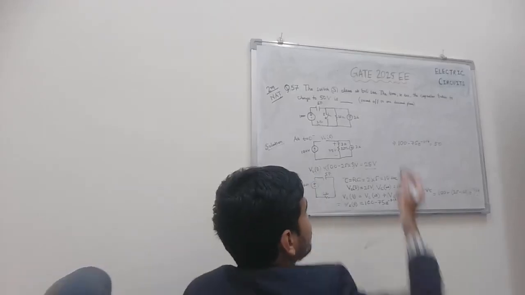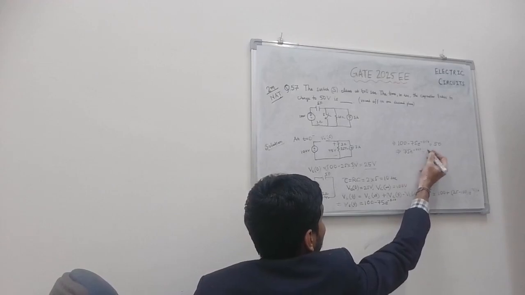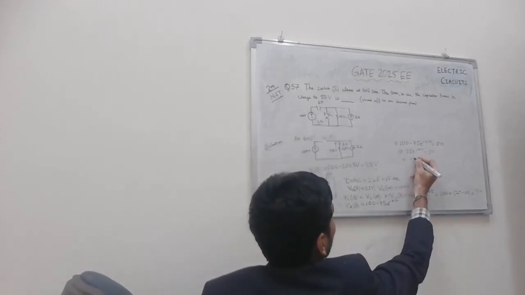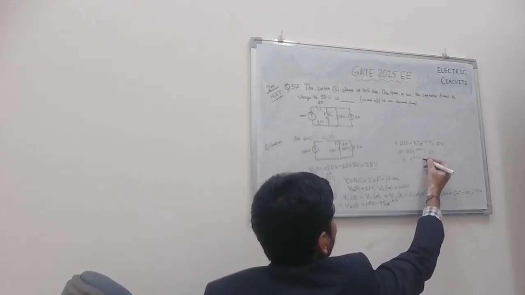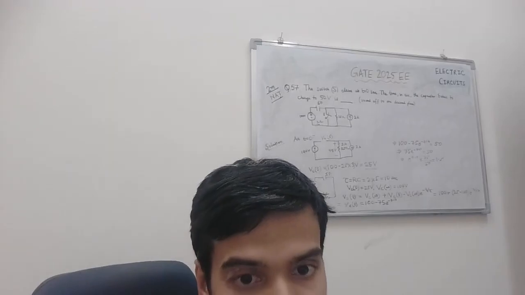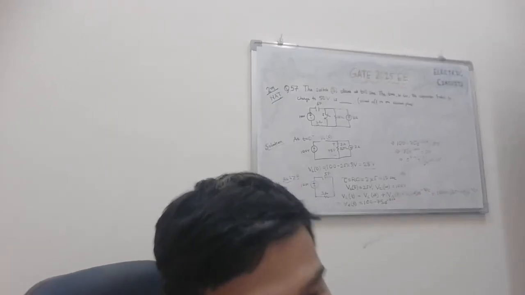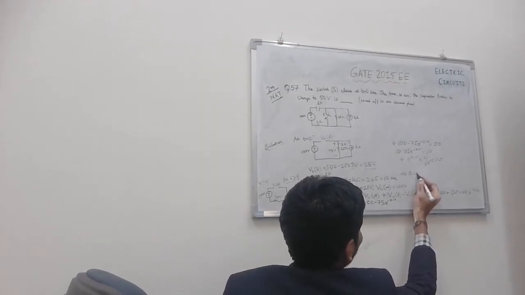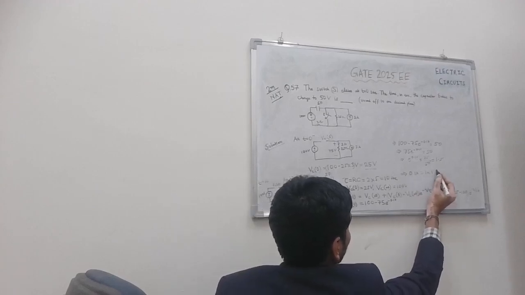On solving this, 75 e to the power minus 0.1 t equals 50, or e to the power 0.1 t equals 75 upon 50, which is 1.5. So taking ln on both sides, we get ln of e to the power 0.1 t and ln of 1.5.